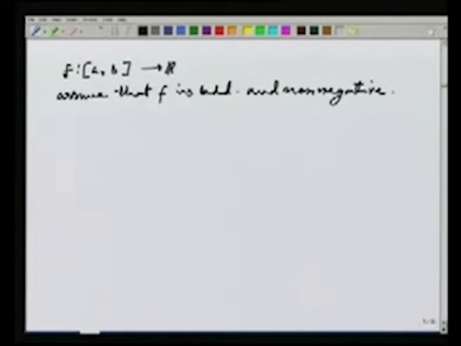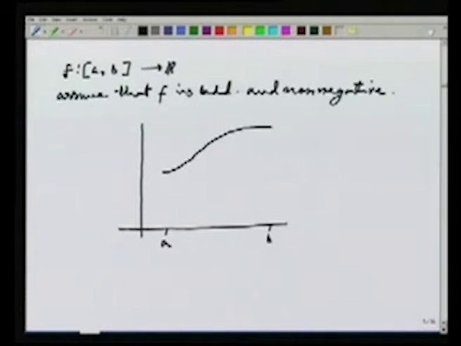Okay. Let us assume that I can draw the graph of the function f. So these are the axes. This is my interval a, b. Let us say the function looks like, very simple kind of a function I have taken.